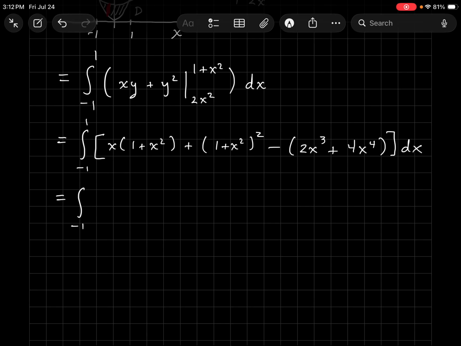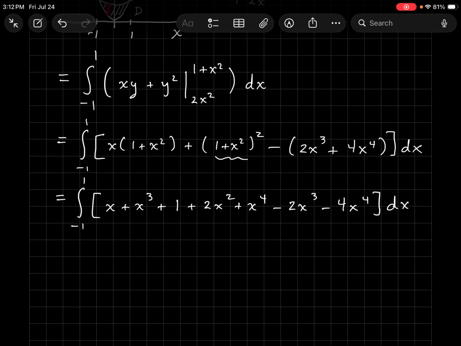But let's continue on. -1 to 1 of the following: x plus x cubed plus. Now we're going to multiply this out. It's going to give us 1 plus 2x squared plus x to the fourth. Then minus 2x cubed minus 4x to the fourth, and dx.